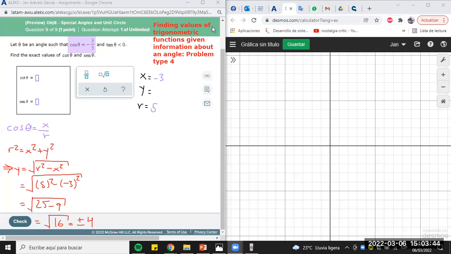Now, this is the interesting part of this problem because you have to decide whether to use y as the positive 4 or the negative 4. And for that, we have this other piece of information that we haven't considered so far. And how are you going to use that one?